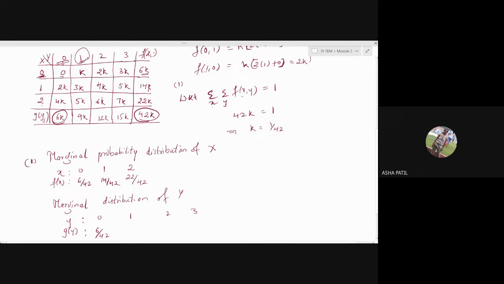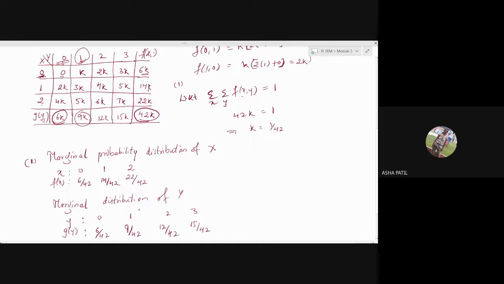When y is 1, its corresponding probability is 9k, that is 9 by 42. Next we have 12 by 42 and lastly 15 by 42. These are the marginal probability distributions of x and y.